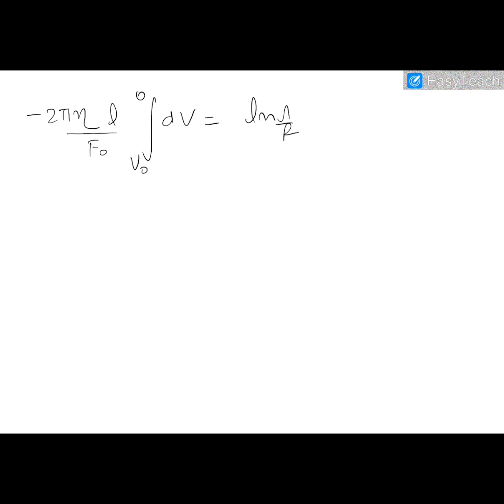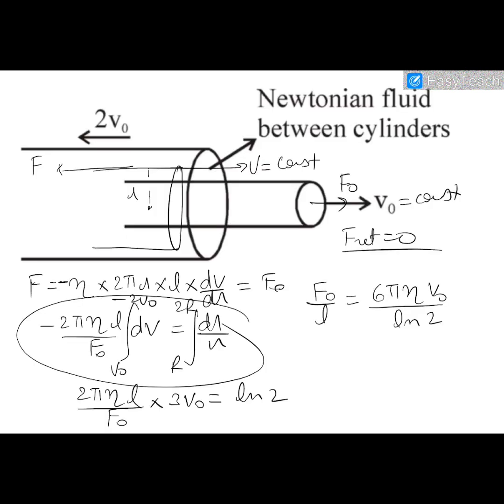So this will be 2 pi neta L by F0 and V0 is equal to ln R by r. Now the value of F0 by L will be 6 pi neta V0 by ln2.